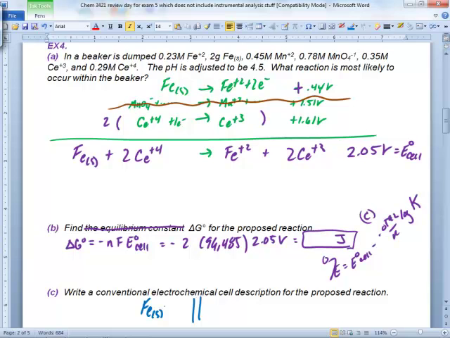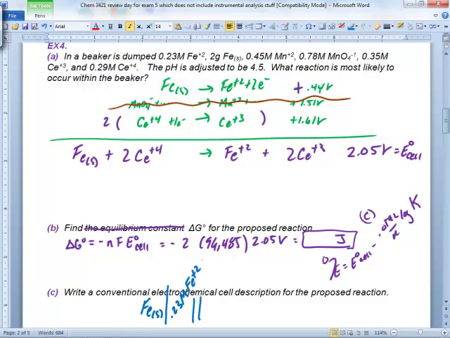Even if they would have said 2 grams, you don't put it there. There's no concentration for solids. Now, is there a phase change? Yes. And then it's Fe plus 2, but do you know its concentration? 0.23. So 0.23 molar Fe plus 2.